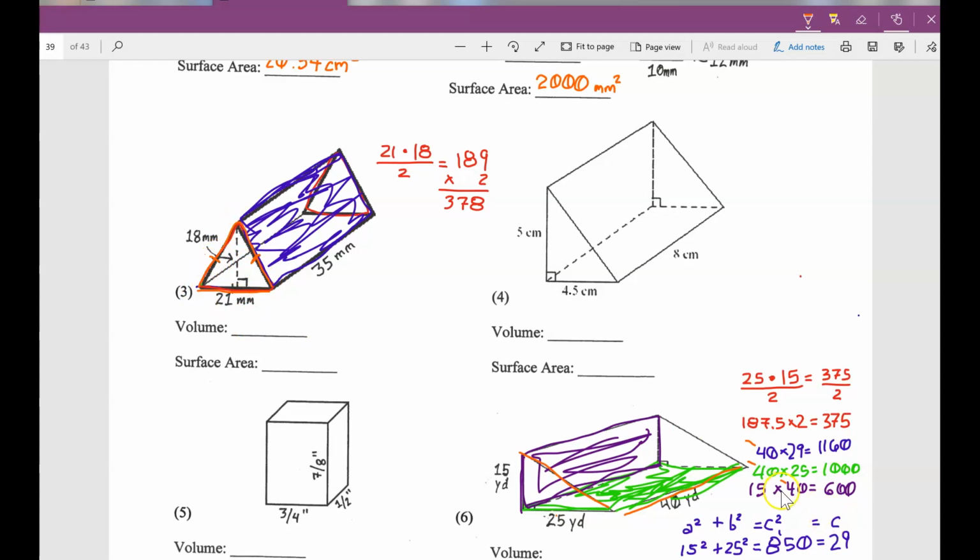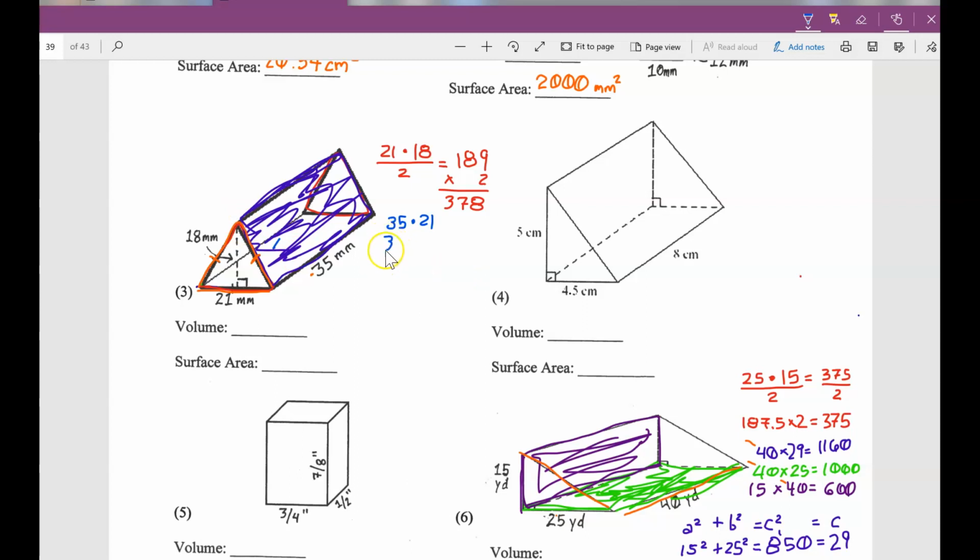So if we do our shortcut of multiplying the front to back measurement by each side of the triangle, in this case, every single time we're going to multiply by the same number. We're going to multiply 35, our front to back number, by 21, and that'll give us this colored in right-hand face, because it's 35 times this side.